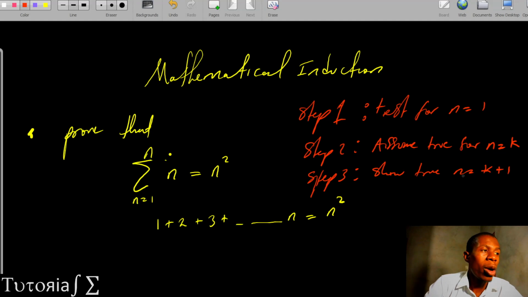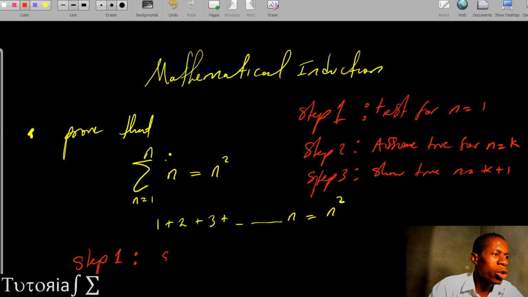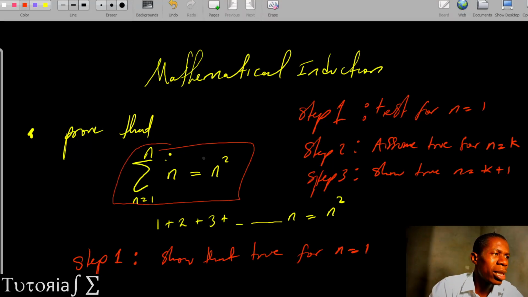Okay, so now we'll use this same question. So we have this very question here. So we'll start with step 1. Show that it is true for n equals to 1. So we can get our sum here.